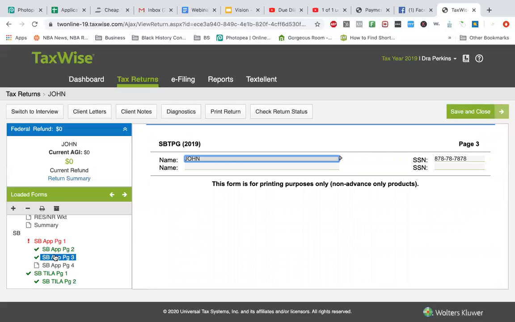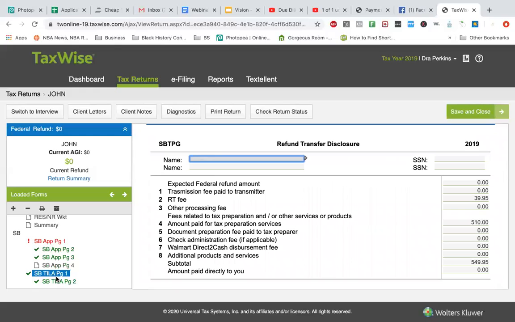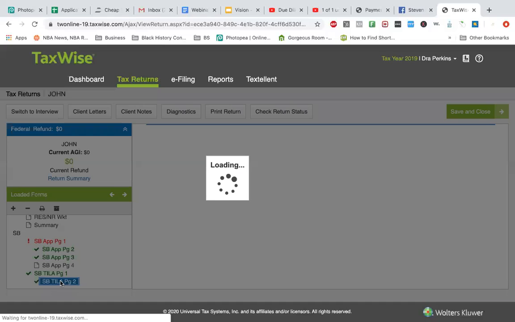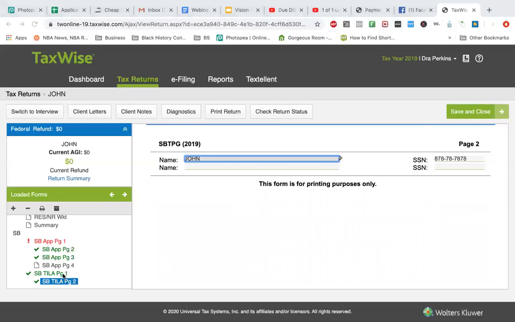But Stephen, if you're listening, remind me which one to print out from the SB apps because I don't remember. Then also print out page SB Tilla 1 for sure, and print out SB Tilla 2. SB Tilla 2, they'll sign, pretty much confirming that they agree with all the numbers on the tax return, and also the price that you actually charge them.